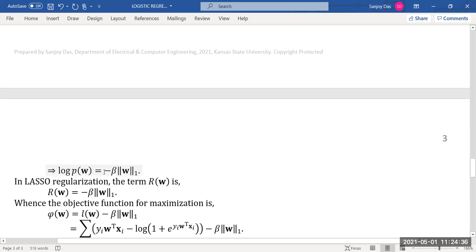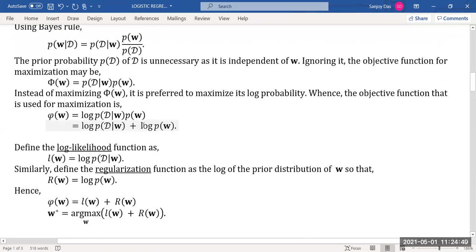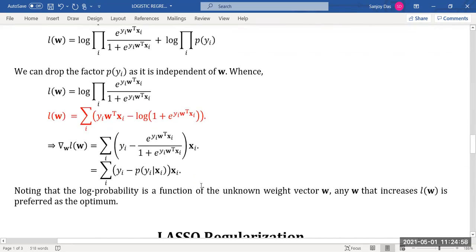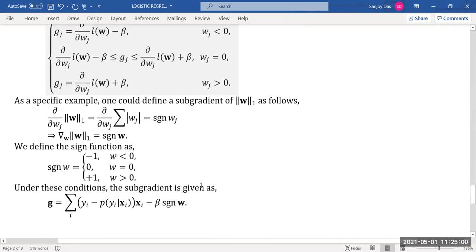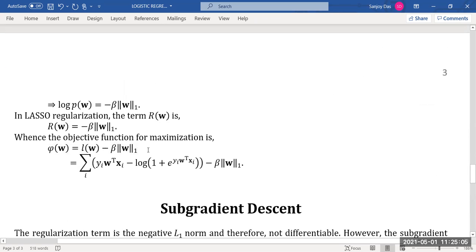And we use this as our regularizing term: negative beta times the L1 norm of W. This log P of W is the regularizing term, R of W. And that's what we use for regularization.